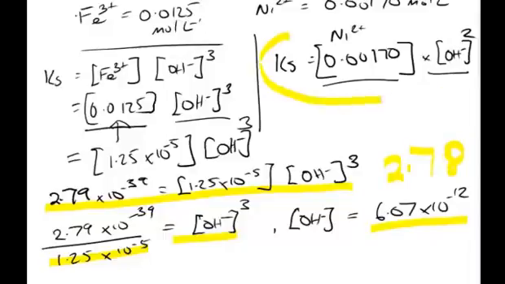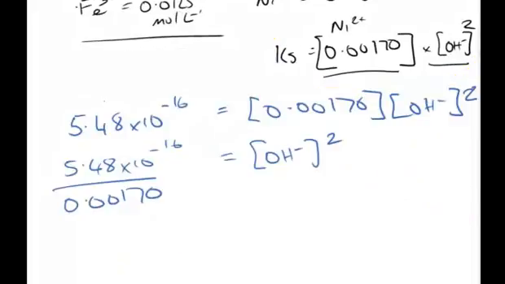Now we just have to do the one for nickel up here, which actually should be more straightforward. So if we do this calculation, we've got 5.48 times 10 to the negative 16, which is just the constant we've been given up here, and that's going to equal the concentration, sorry, that's supposed to be an O there, so I'll just change that, times hydroxide ion squared.